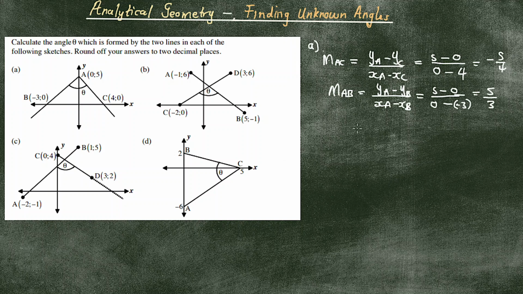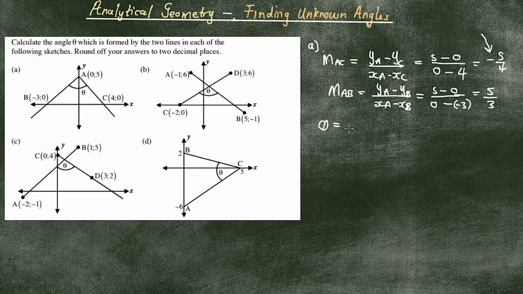Now let's calculate the angle of inclination for the line AC. Since the gradient is negative, check out the video in the description box titled angle of inclination, where I discussed angle of inclination in detail.